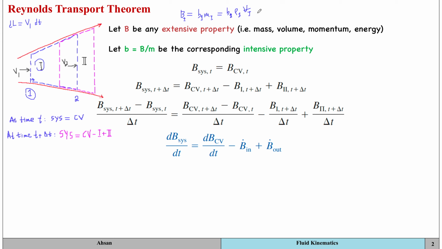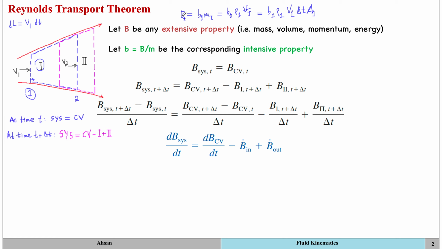So b1 is going to remain the same, multiplied by the density at 1, and then the volume term is going to become velocity at 1 multiplied by delta t, as small as it is, multiplied by the area at 1. Okay, so this is how you simplify this term.